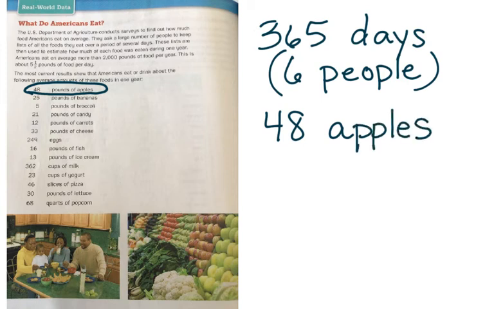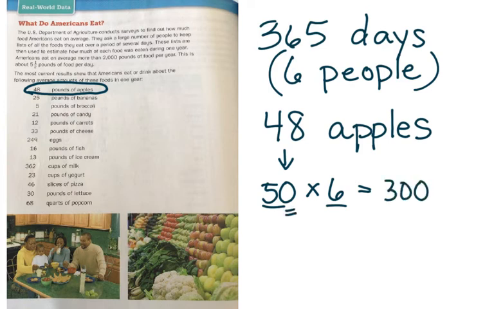And obviously some eat more, some eat less. That's why they ask a large number of people. I'm going to round that to 50. There are 6 people in my family, so I would take 5 times 6 is 30 and add my 0 on the end. So as a family, we eat approximately 300 pounds of apples in a year. Now you can see why groceries cost so much money.